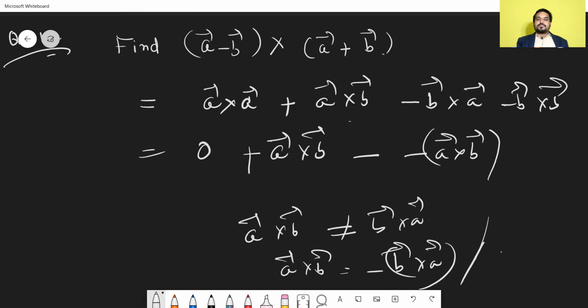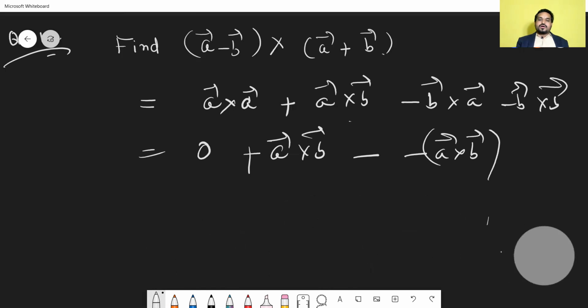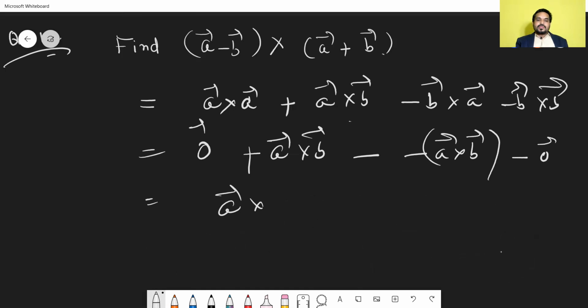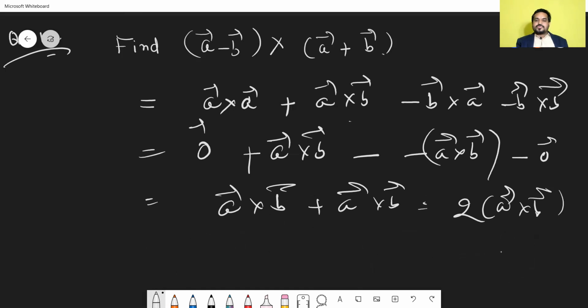So that's why we have written a × b minus b × a. Now b × a is what? Minus a × b. So a × b plus a × b equals twice a × b. This is the answer of this question.